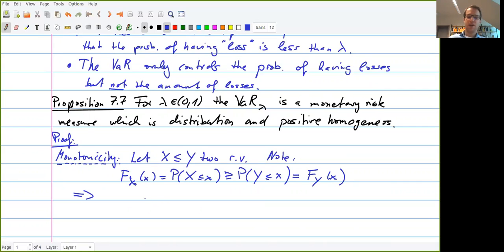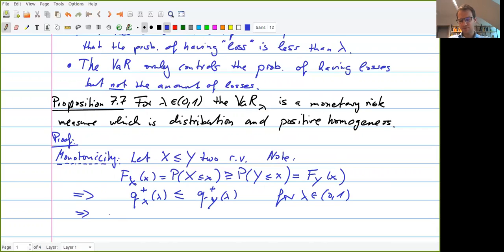And now we swap to the inverse, right? So by swapping to the inverse, I get the quantiles. And this means the signs you swap. The greater or equal sign gets the less or equal sign. This is of course true for all lambda in (0,1).